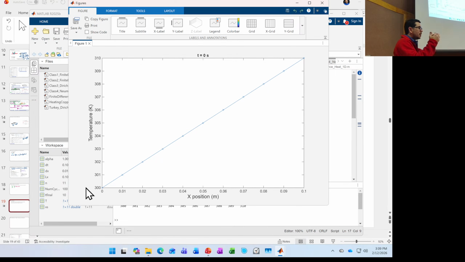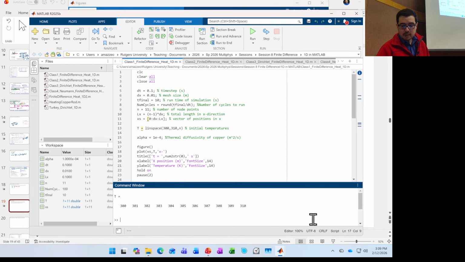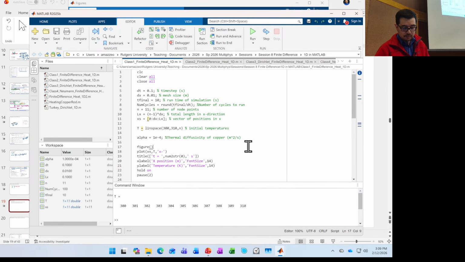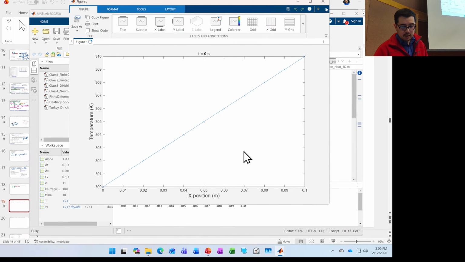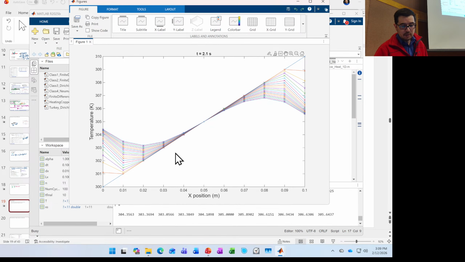And if this is a system that's trying to reach a thermal equilibrium, that means that these values over here are going to go up because this is higher than that, and these values over here are going to go down. And that also means that it's going to affect the neighbor, and it's going to just propagate, right? So what we see is exactly that.